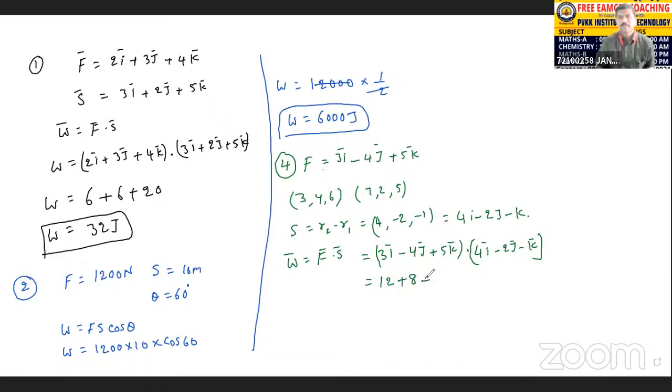Next, minus 5 into 1, 5. So that is equal to 12 plus 8, 20. 20 minus 5, 15. What is the unit of work? Joules. W is equal to 15 joules.